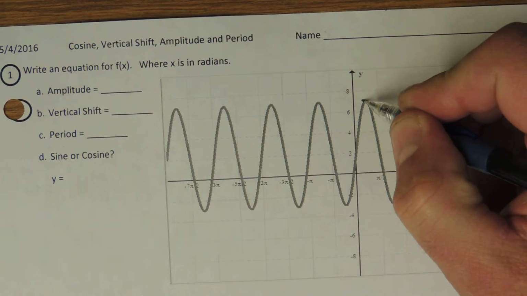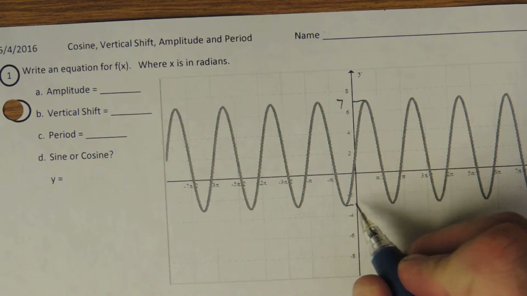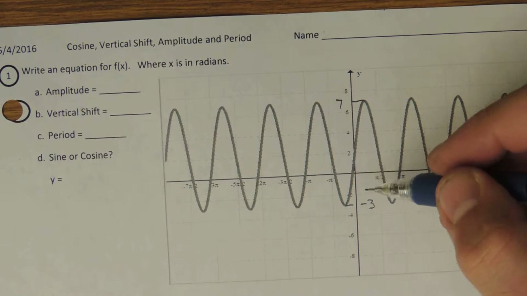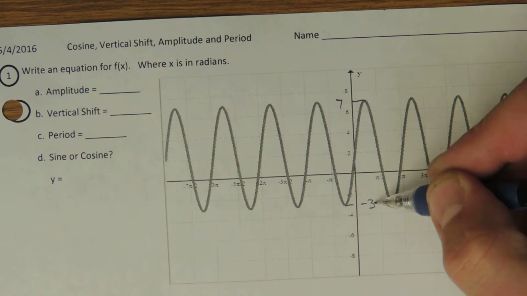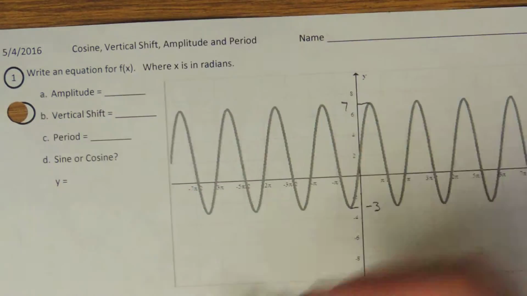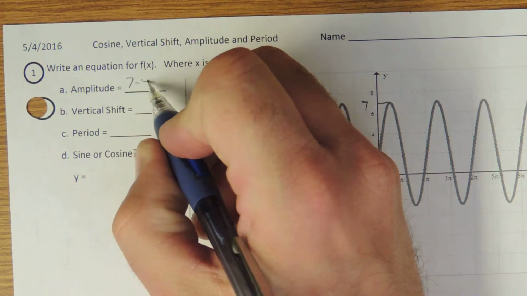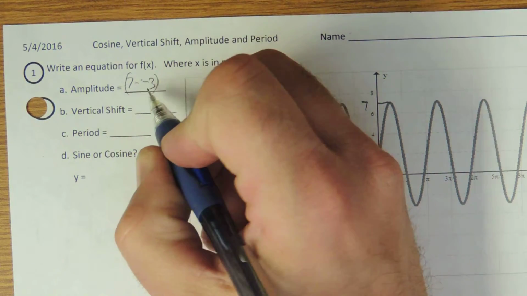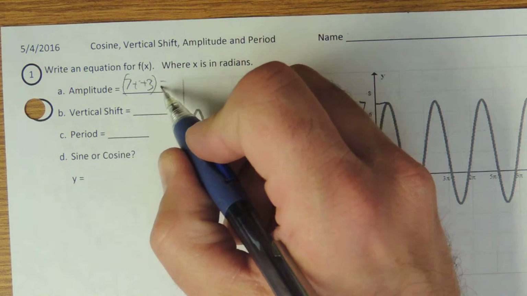Amplitude is the maximum value minus the minimum value. And on this paper we have -2, -4. I'm halfway in between, so that's -3. To get my amplitude, I'm going to do 7 minus -3, and we change that to 7 plus 3.